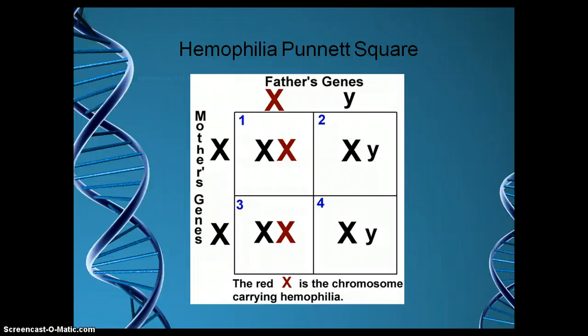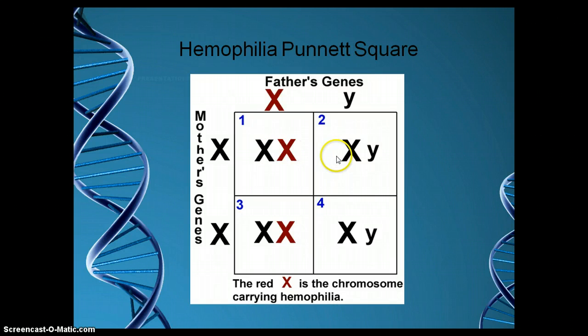Here we have a different scenario where the X is affected on the dad's gene and mom is completely normal. The red denotes the carrier for the chromosome carrying the hemophilia trait. So in this case, with the X being dominant, you can see here that we have a dominant X that's normal and a dominant X that is the hemophilia carrier.